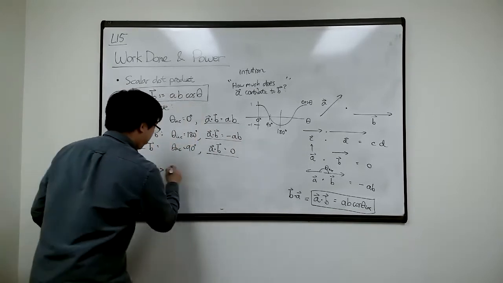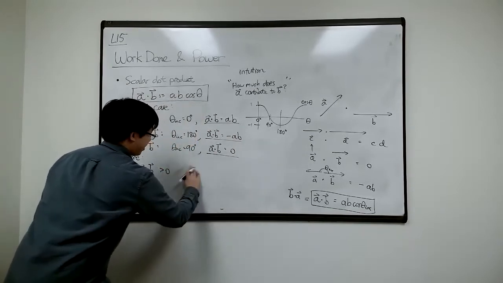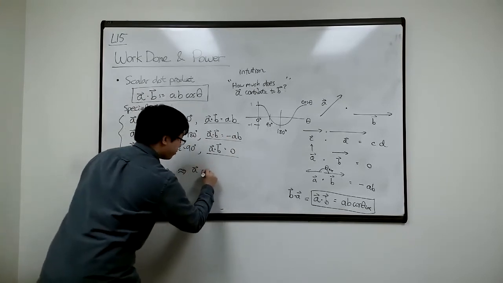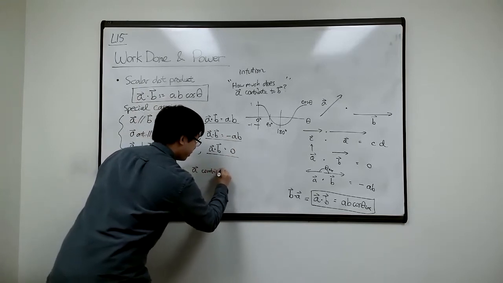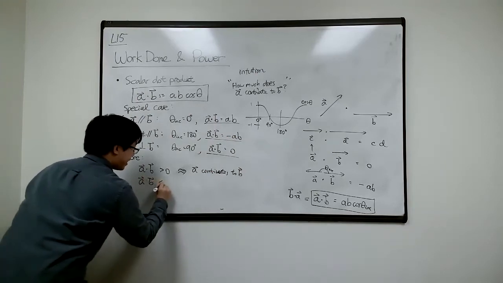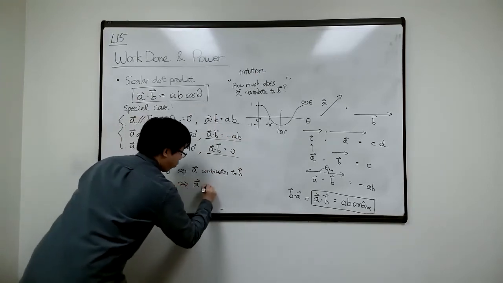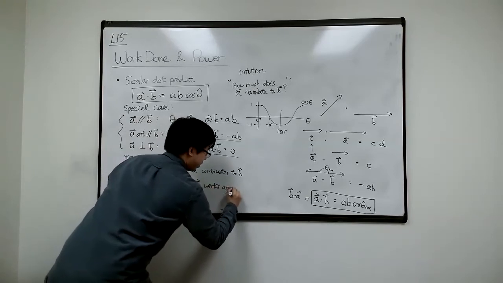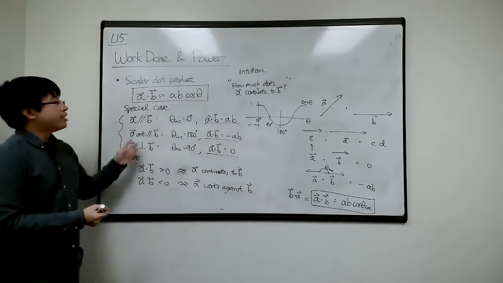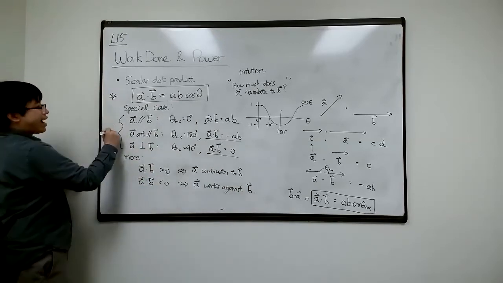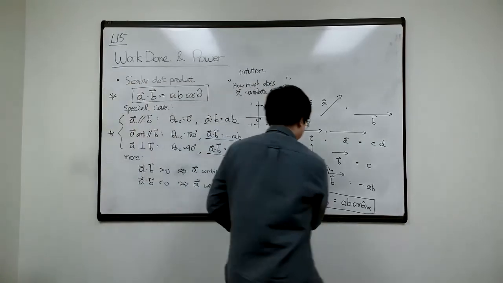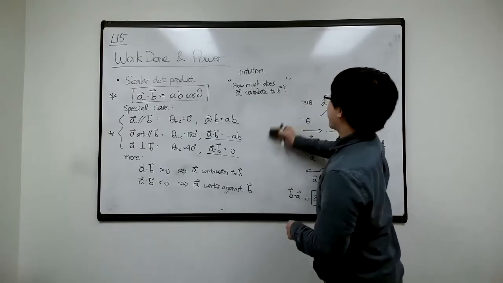So if A dot B is positive, roughly speaking, A contributes to B, and if A dot B is negative, it kind of means that A works against B. Okay, so if the intuition still doesn't make any sense to you, just remember these two facts and you're good. So one more fact is how do you, in practice, compute it?